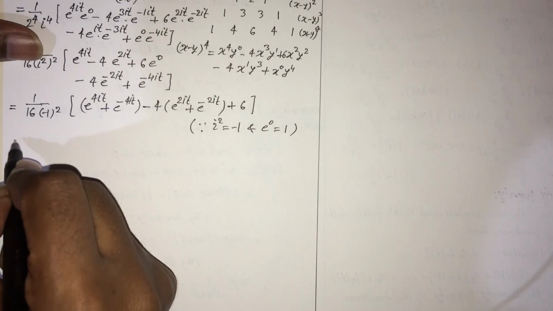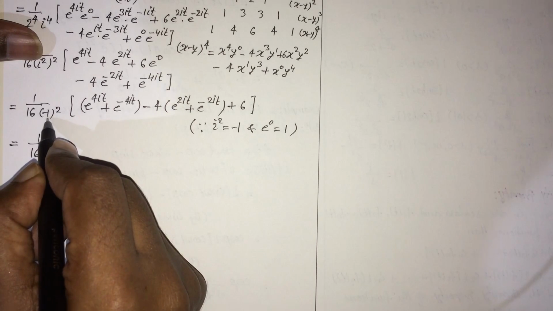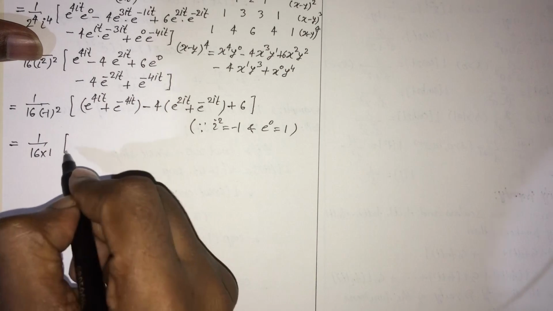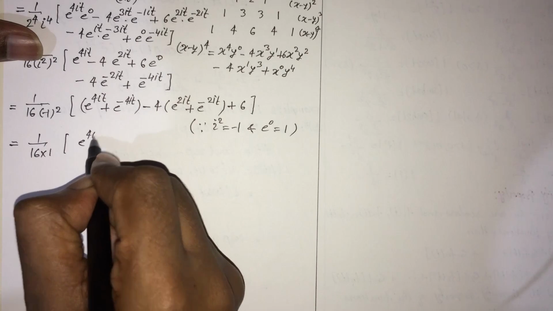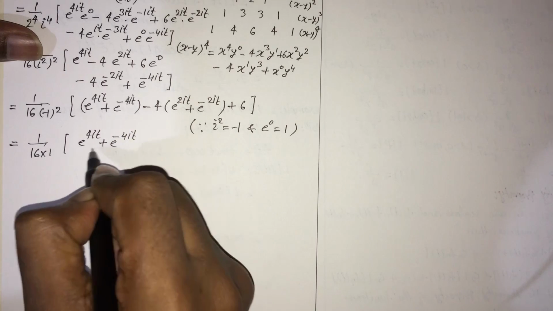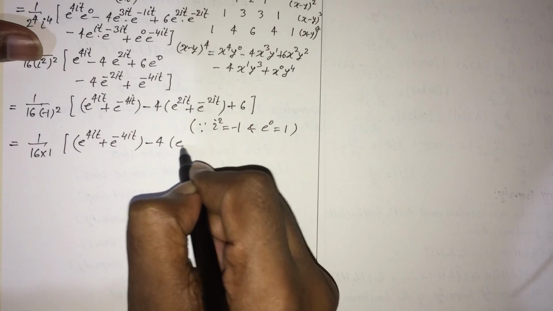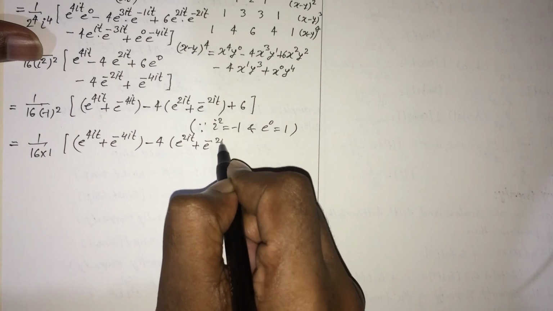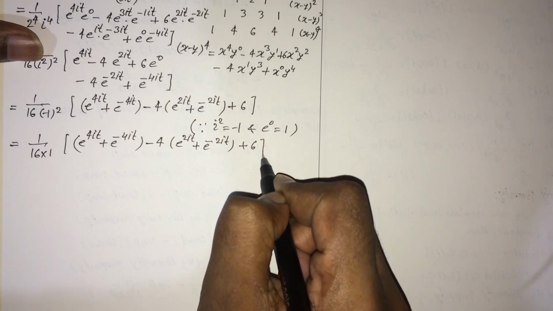So again you simplify this. So this equals 1 upon 16, (−1)^2, that is plus 1, and this can be written as (e^(4it) plus e^(−4it)) in bracket minus 4 (e^(2it) plus e^(−2it)) and plus 6.